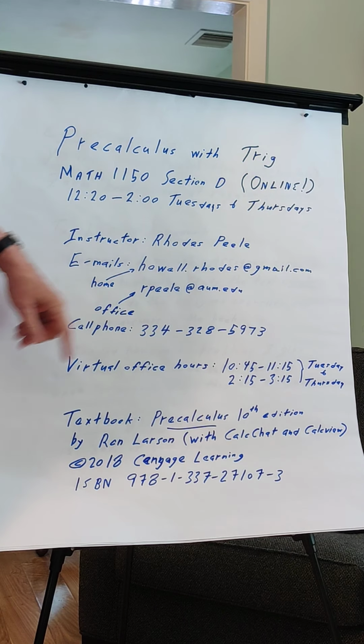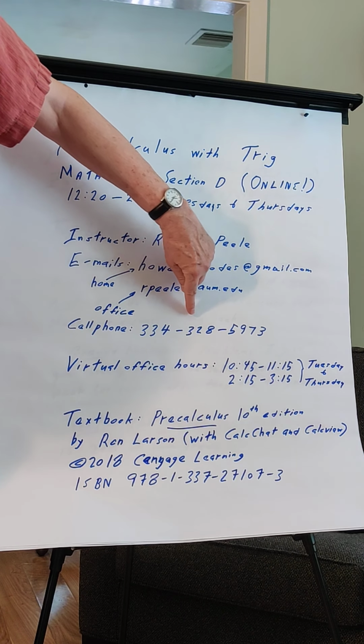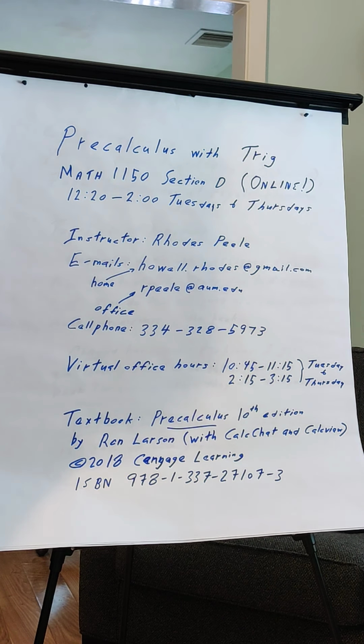This is my personal cell phone. It's a local number, 328-5973. Feel free to call me at any time. If you call me during my office hours, I should have my cell phone right in front of me. If you call at other times, you can leave a text message and I'll respond to it fairly quickly, or try to.